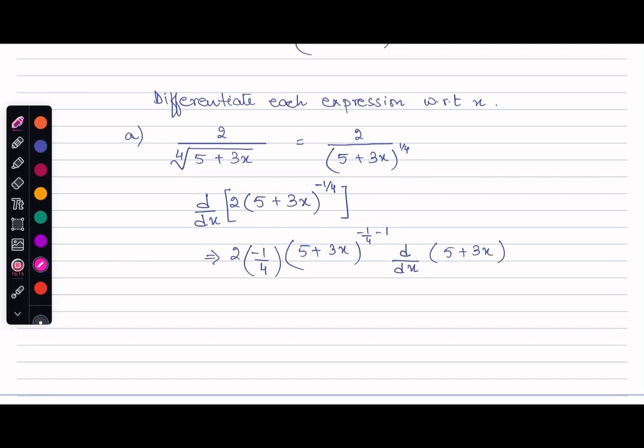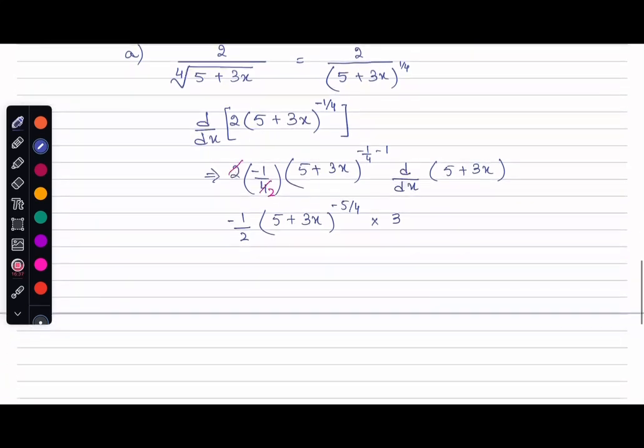So over here, this 2 and 4, I can very easily simplify them, and I can say it's negative 1 by 2, and then (5 plus 3x) to the power negative 5 by 4, and then differentiating the function 5 plus 3x, 5 gets eliminated, and for 3x I'll be left only with the 3. Therefore here I can say that my differential is negative 3 by 2 and (5 plus 3x) to the power 5 by 4. So this is then going to be the answer to this question.